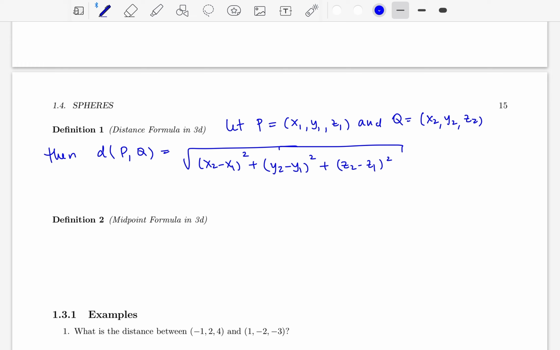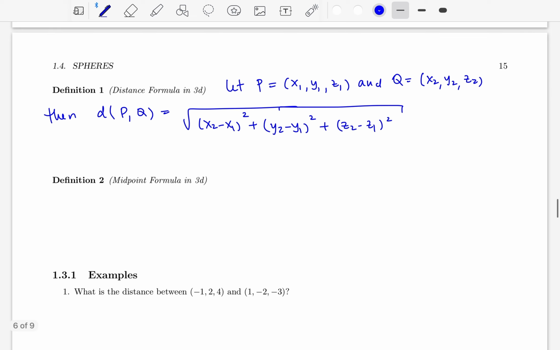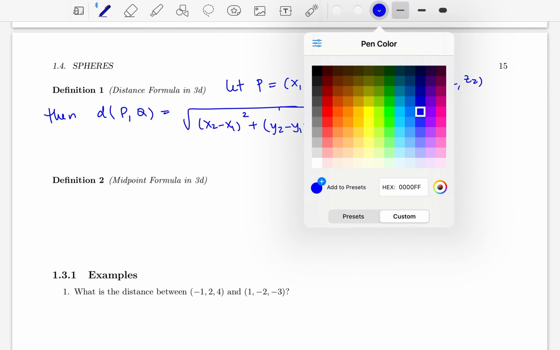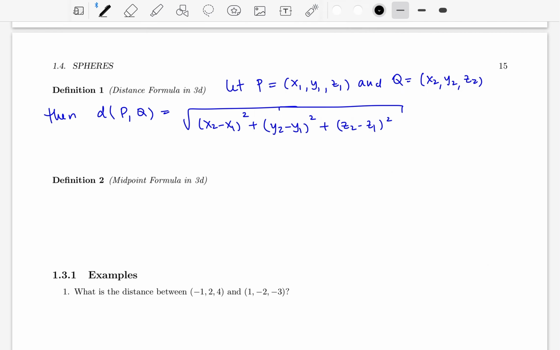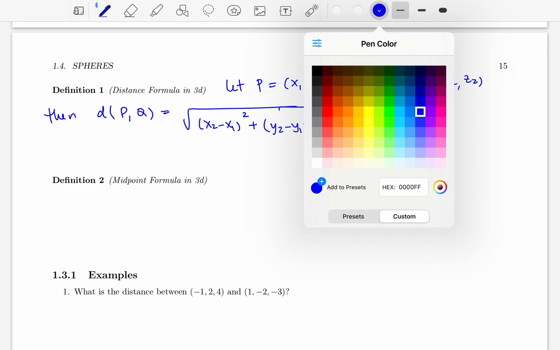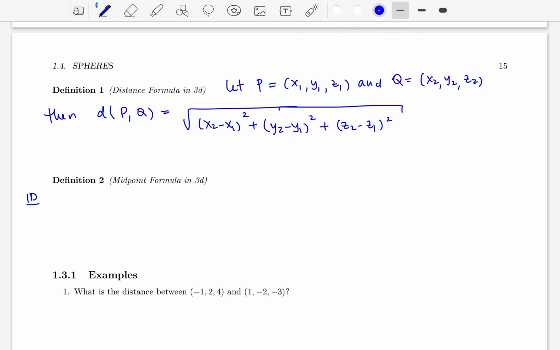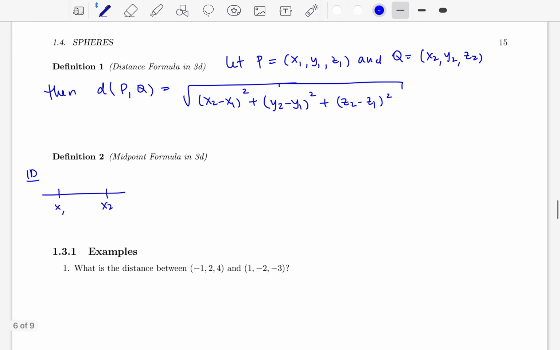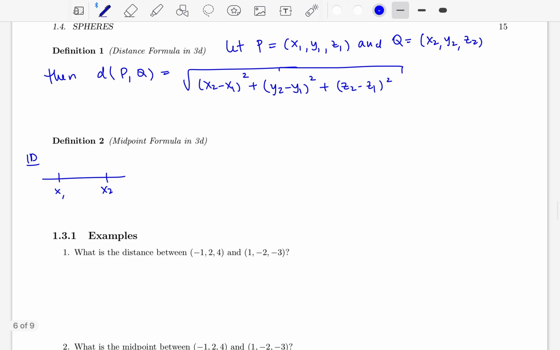Now for the midpoint, we know how to compute the midpoint. Again, it'll be exactly the same thing. So it'll be the midpoint of each of the components. So in 1D, we know that if this is x1 and this is x2, then the midpoint, I'm going to call it M, is equal to x1 plus x2 divided by 2.